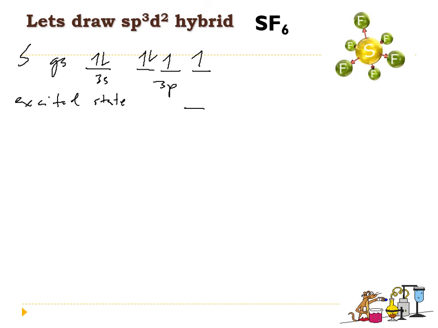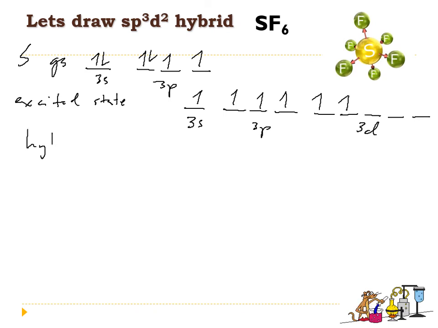it's going to be here 3s, 3p, and there are 1, 2, 3, 4, 5 empty 3d orbitals, whereby we're going to write 1, 2, 3, 4, 5, 6.